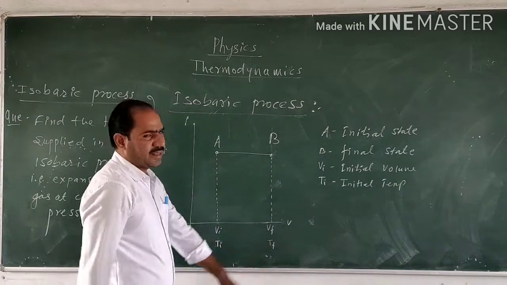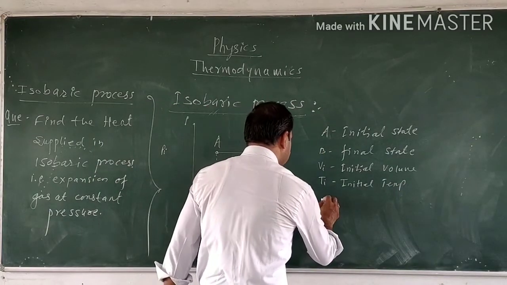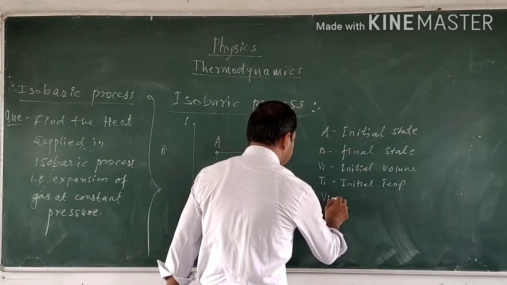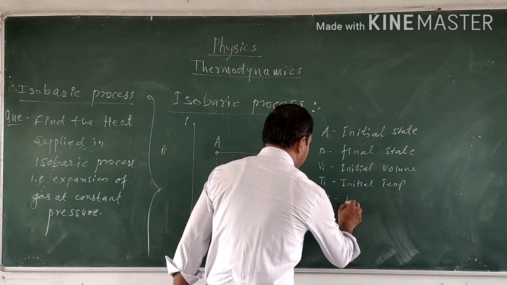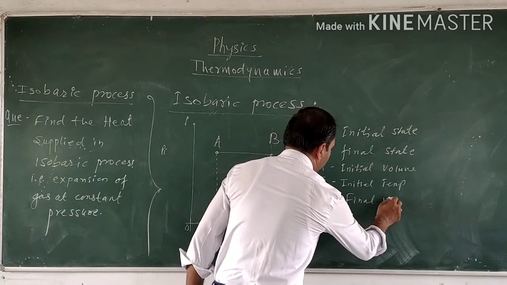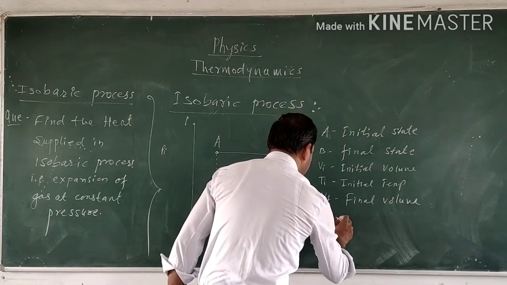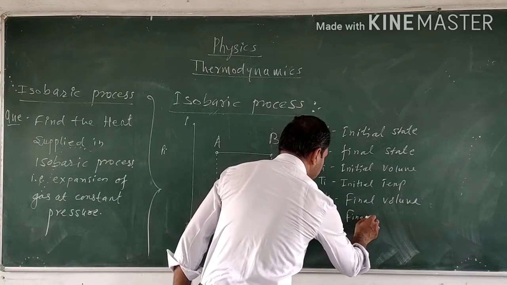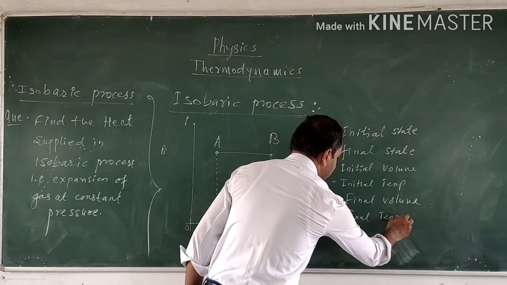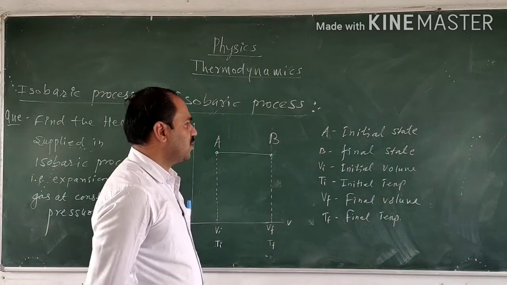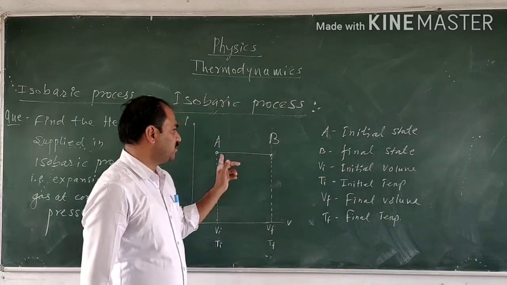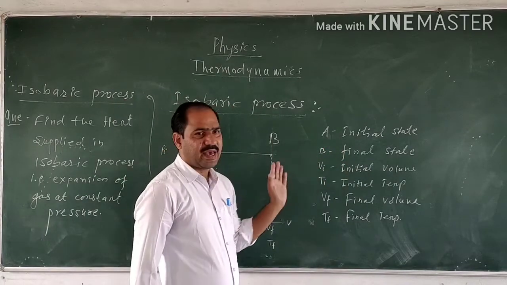Here the gas is an ideal gas. After some time its volume changes and becomes the final volume of the gas, and Tf is the final temperature. So these are the notations. A is the initial state of the gas, B is the final state of the gas.